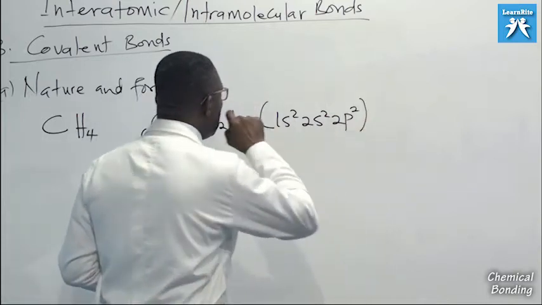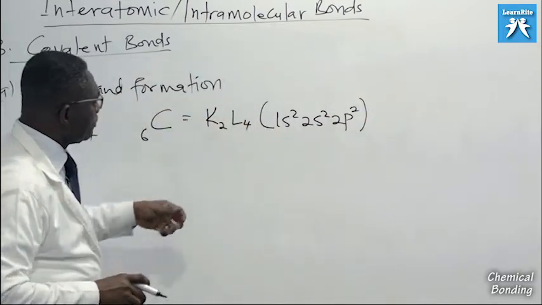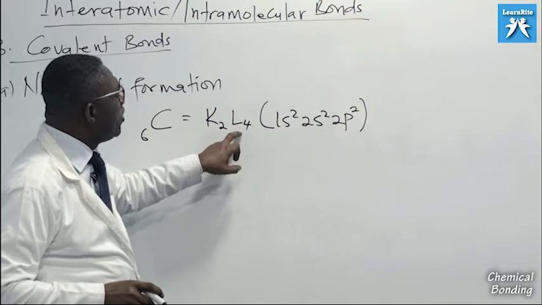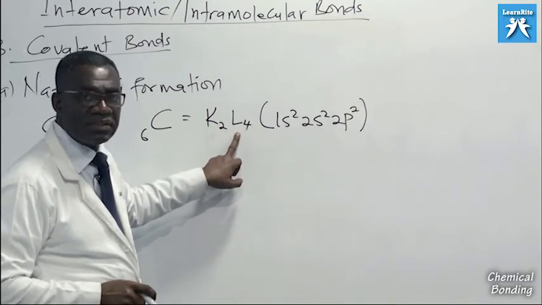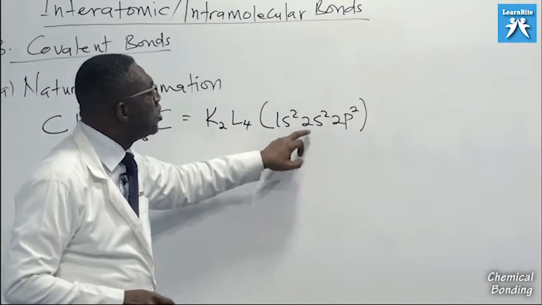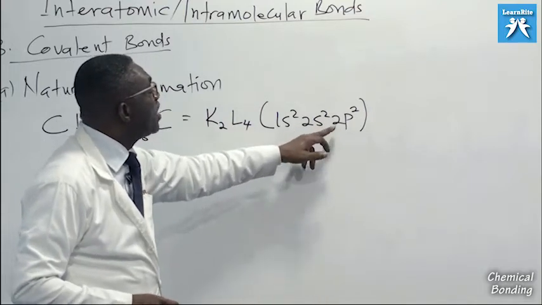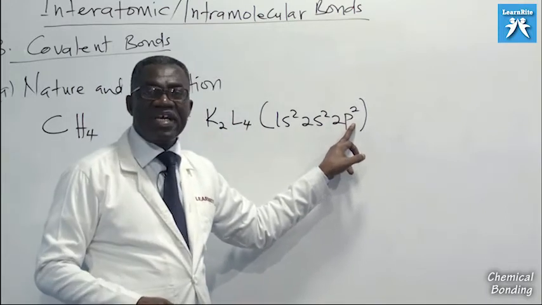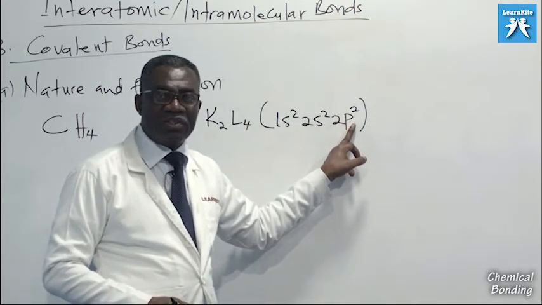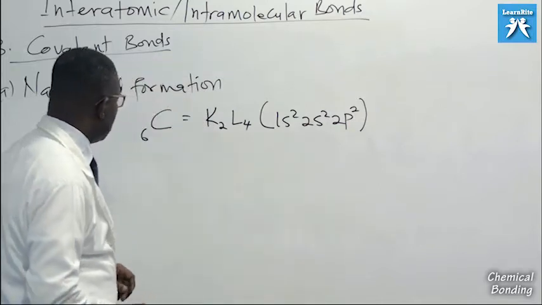So you see that carbon needs 4 electrons to form its octet. Even from the detailed configuration, carbon has 2 electrons in the p, which can take 6, so it still needs 4 electrons to fill the p orbitals.